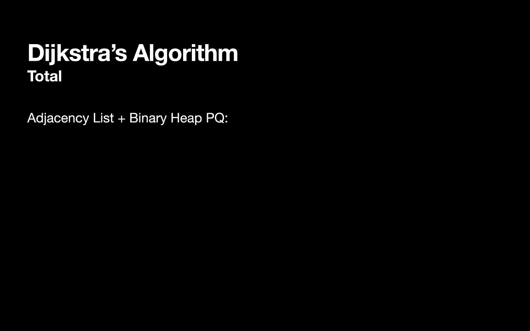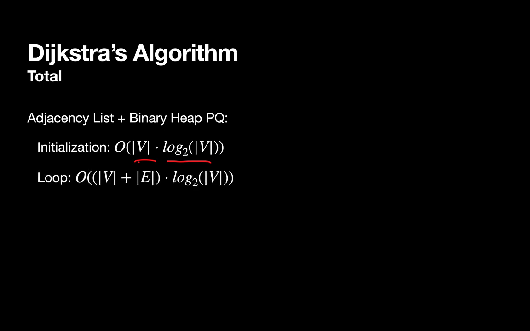Okay, so our overall time complexity, if we use an adjacency list and a binary heap for our priority queue, is broken down into these two parts. The initialization part, which depends on the number of vertices, and for each vertex we have to do an insert into our priority queue, potentially. And then the actual loop part. For the loop part, we have to extract each vertex from our priority queue. So the number of vertices times the amount of time it takes to extract a single one. And for each of our edges in our entire graph, we may have to do an update of priorities in the priority queue.